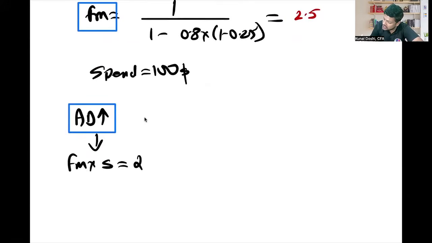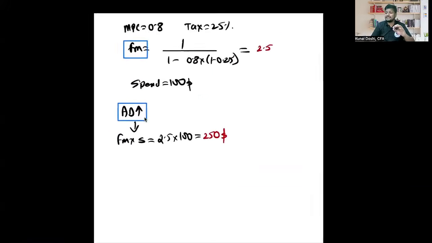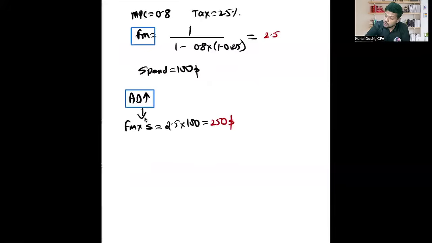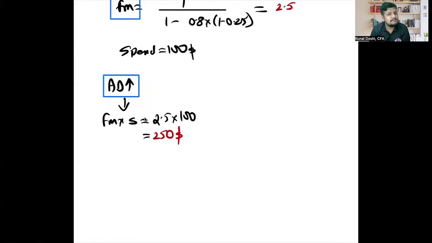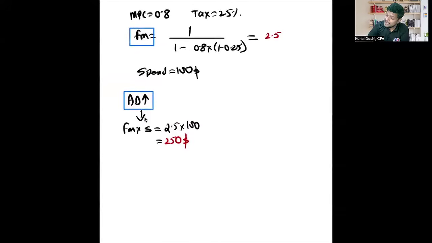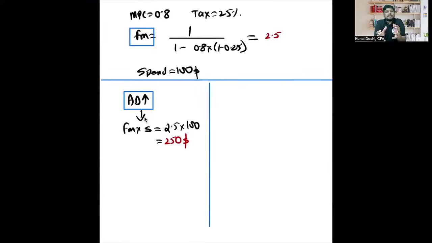So if the multiplier is 2.5 times and the government is spending $100, the aggregate demand will increase by $250, meaning the economy will grow by $250. So if the government spends $100 billion, the economy will grow by $250 billion. Understood, everyone? The multiplier effect is basically how many times the economy grows relative to what the government spends. That is called the fiscal multiplier. Clear?